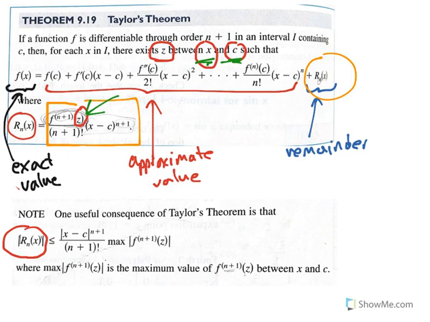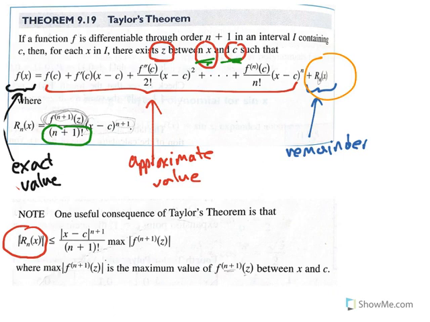And when you put absolute value on this remainder, look at what we have here for the Lagrange form of the remainder from Taylor's theorem. You can see that we have n plus 1 factorial, and that's going to be positive. So we don't really need to worry about that when we put absolute value on the remainder to get the error. But what we do need to concern ourselves with is the other parts of the remainder, which could be negative.